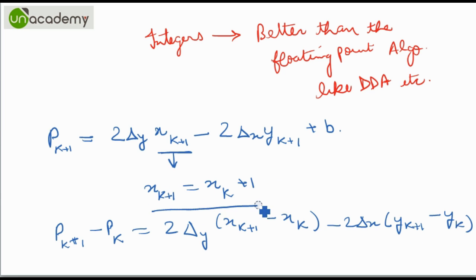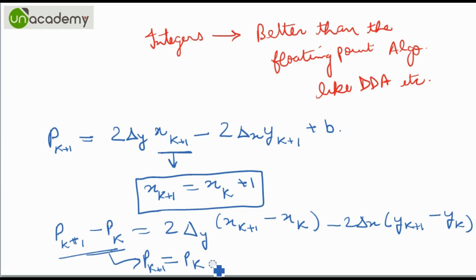Now due to this condition, this equation gets reduced to pk plus 1 equals pk plus 2 times delta y minus 2 delta x times yk plus 1 minus yk.